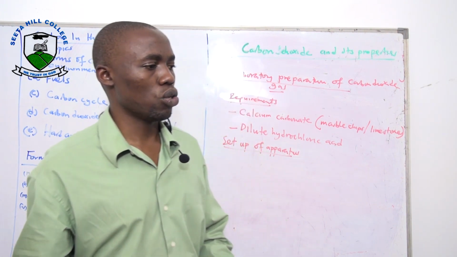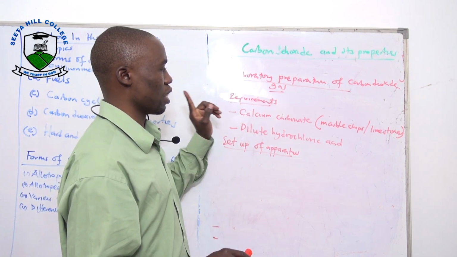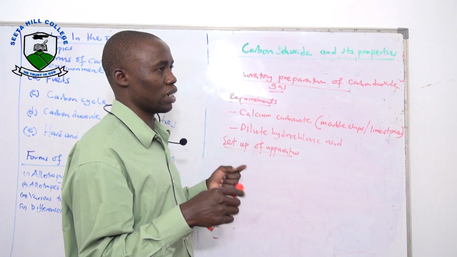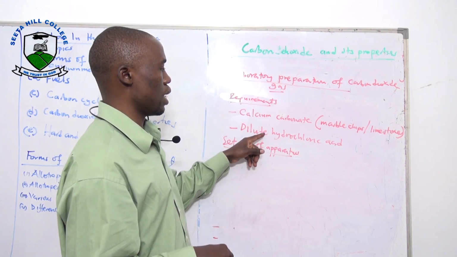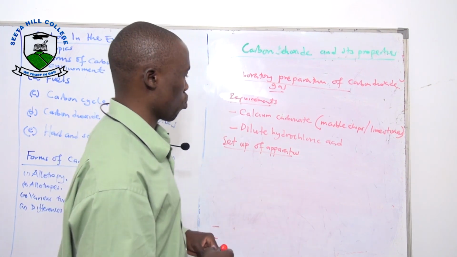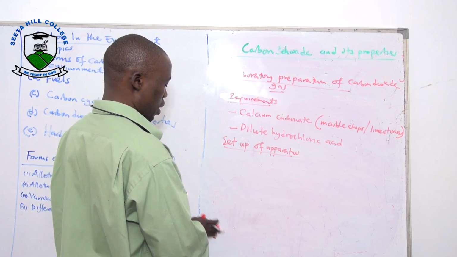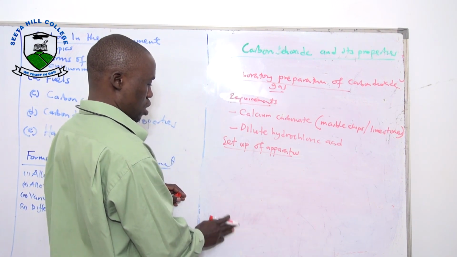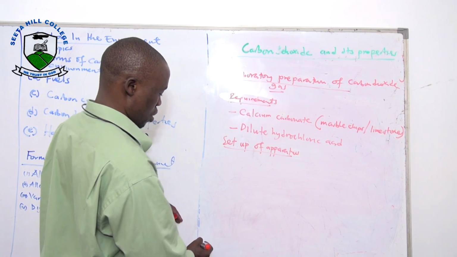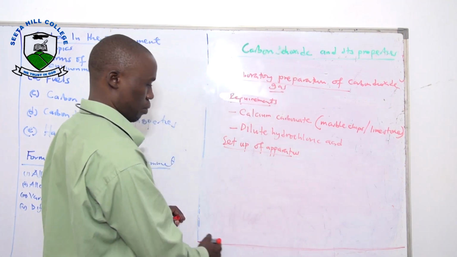But I'll just show you that when you mix an acid with this, I think you recall something in acids there, that when you add an acid to a carbonate, you liberate what? You liberate three things.